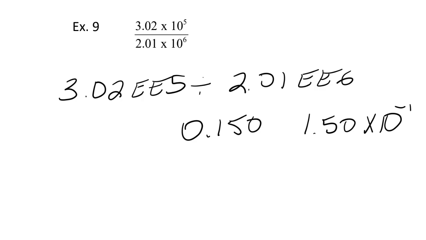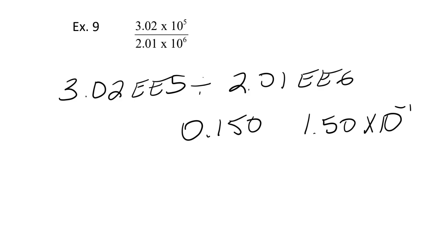Now, if you put in your calculator 3.02 times 10 to the 5 divided by 2.01 times 10 to the 6, you're going to get something totally different because it's order of operations. Your calculator will do the 3.02 times 10 to the 5, and then it will divide by 2.01, but then it'll take that answer and multiply it by 10 to the 6. So you would get 1.50 times 10 to the 11th, which is not the correct answer.